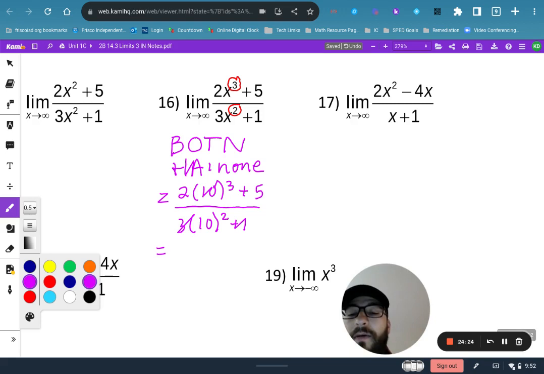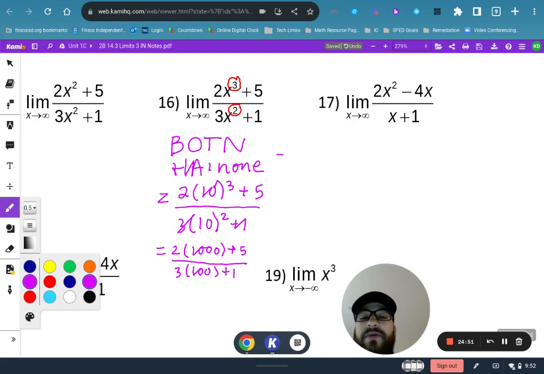So this would be 2 times 1,000 plus 5 over 10 squared is 100. So 3 times 100 plus 1. Simplifying that just a little bit, 2 times 1,000 plus 5 is equal to 2005. 3 times 100 plus 1 would be equal to 301.